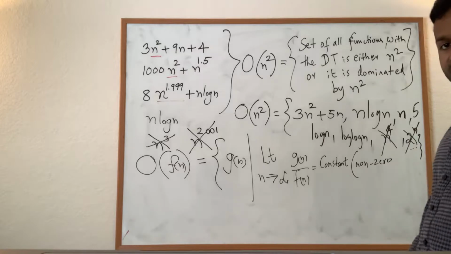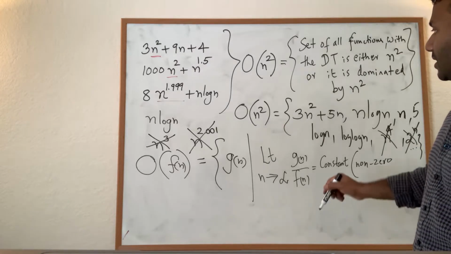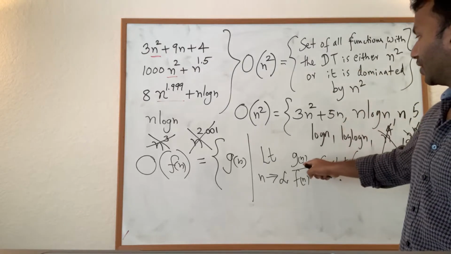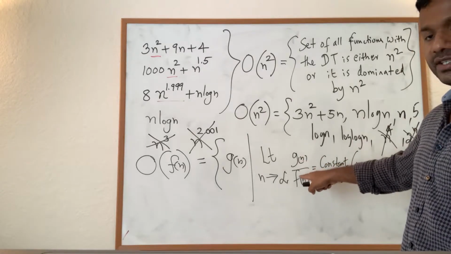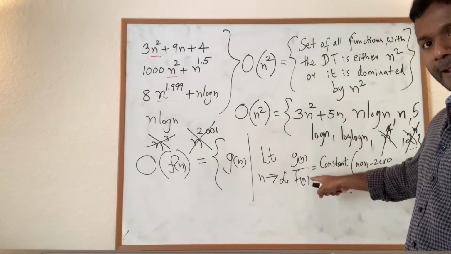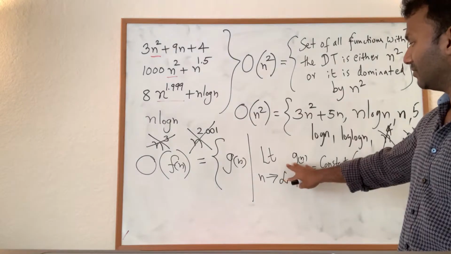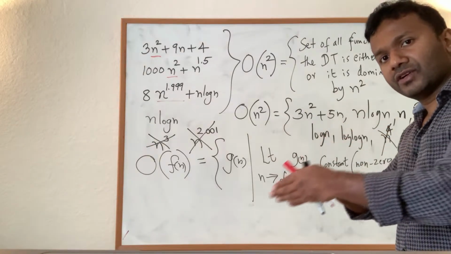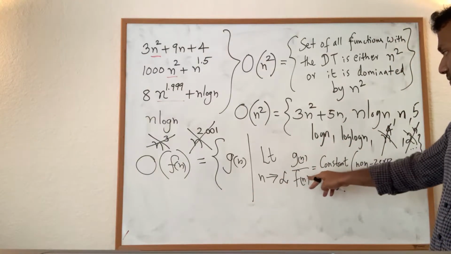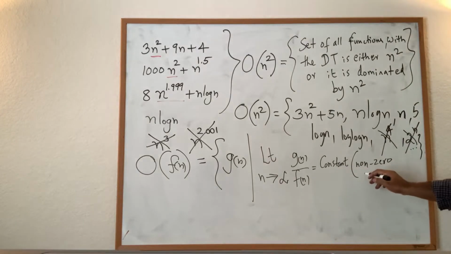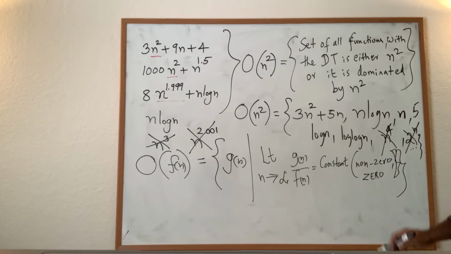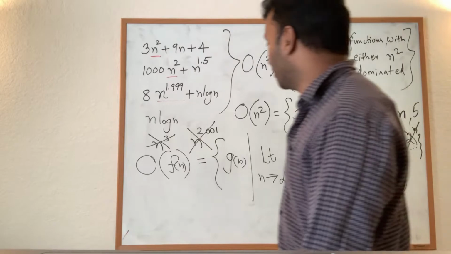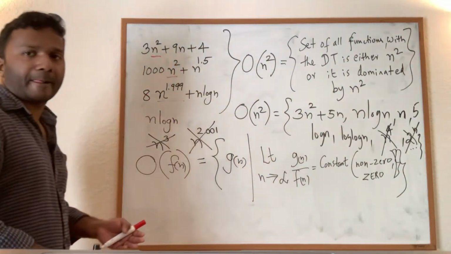And in the other scenario, where the dominating term of g of n is dominated by f of n, this term will converge to 0, which is still a constant. That means it is 0, right? So that is one way to define big O of f of n.